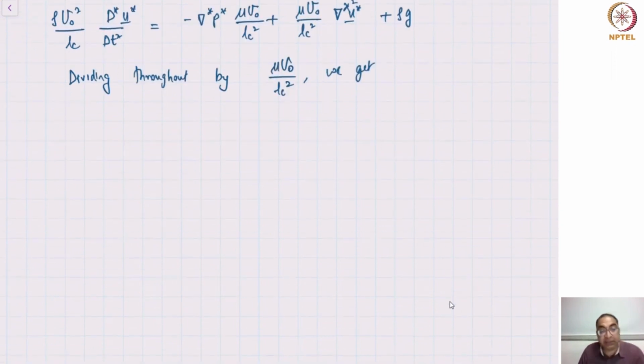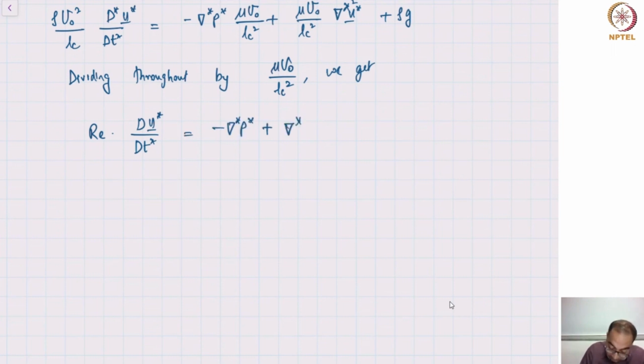We get a simple elegant non-dimensional form of these equations, and they would be Reynolds number times the inertial terms, the pressure gradient term, and finally we get 1 by capillary number for the gravity term.